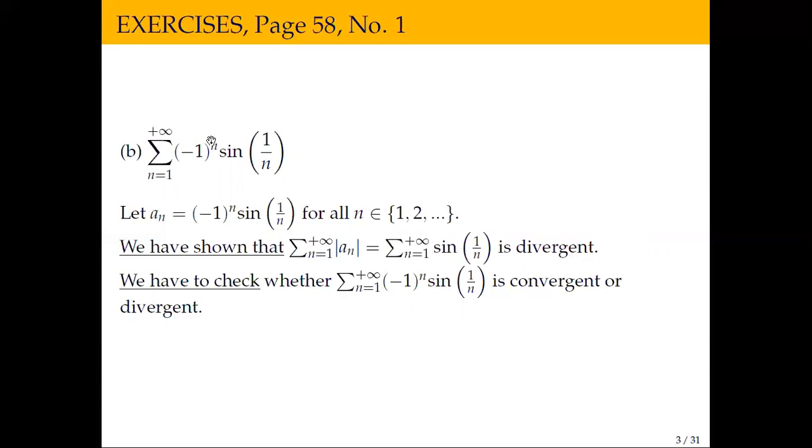In return, we have to check whether this infinite series is convergent or divergent. If this infinite series is convergent, since we know that this infinite series is already divergent, we can then say that this infinite series is conditionally convergent. But if it turned out that this infinite series is divergent, then for our conclusion, we say that this infinite series is divergent.